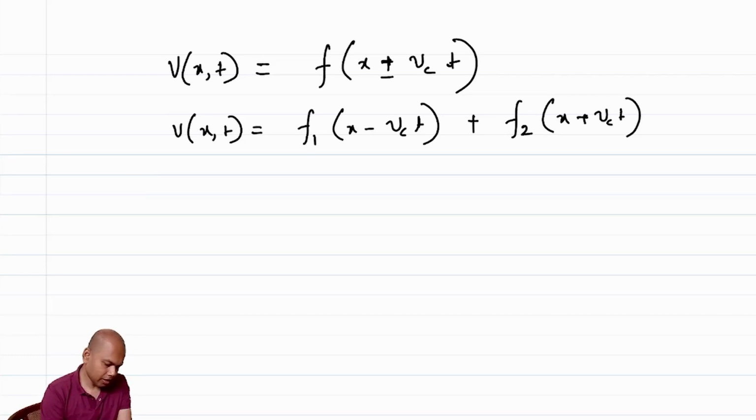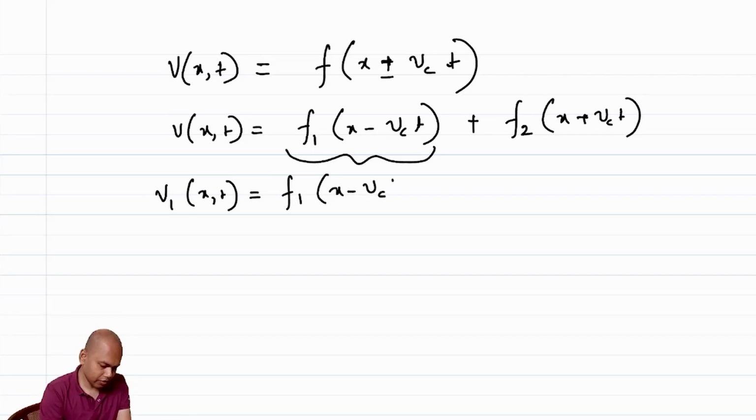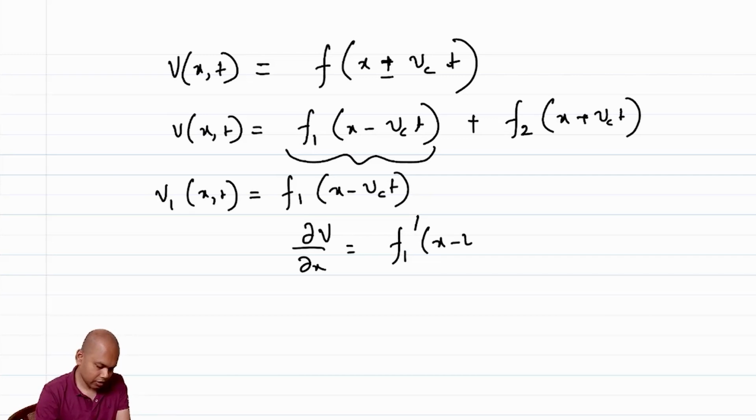So let's take one function at a time. Let's say I take only this function, and I call this v1. Say v1 of x comma t is equal to f1 of x minus v_c t. So del v del x is nothing but f1 dash of x minus v_c t, right?